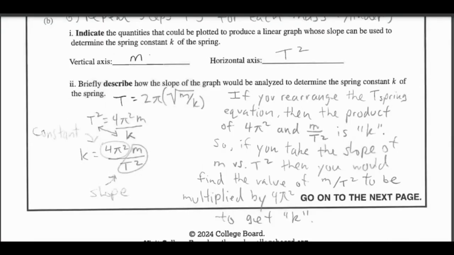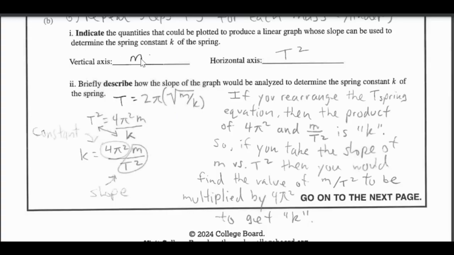All right, now we want to indicate the quantities that could be plotted to produce a linear graph whose slope can be used to determine the spring constant k of the spring. So we have to be thinking about the formula: period of a spring equals 2 pi times the square root of m over k. In that case, if I see m over k, then I'm thinking delta y over delta x.